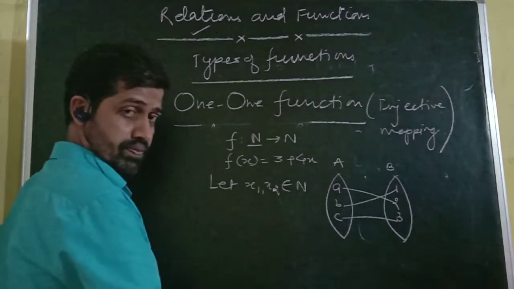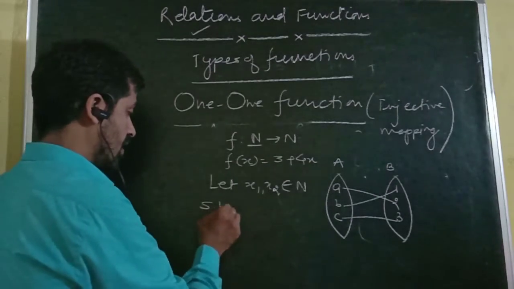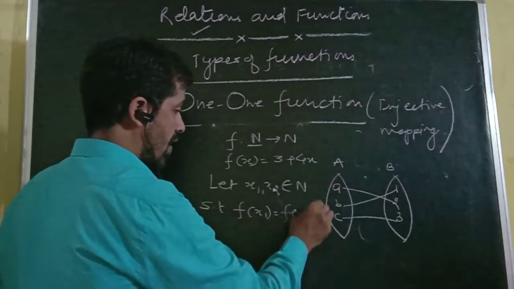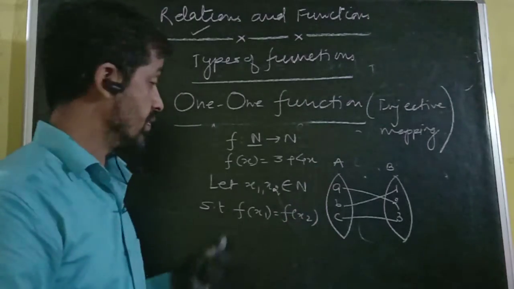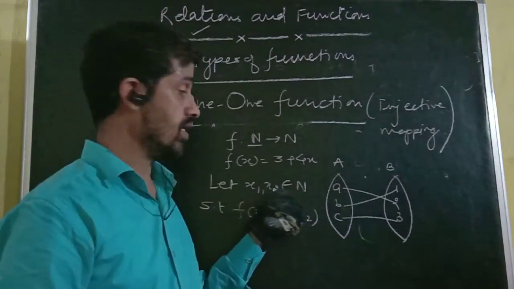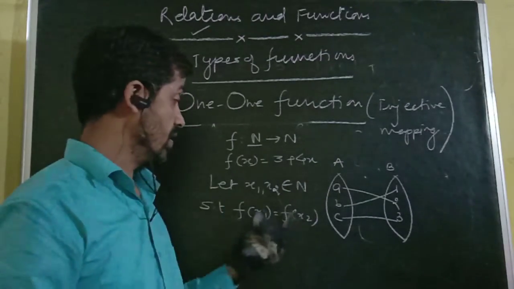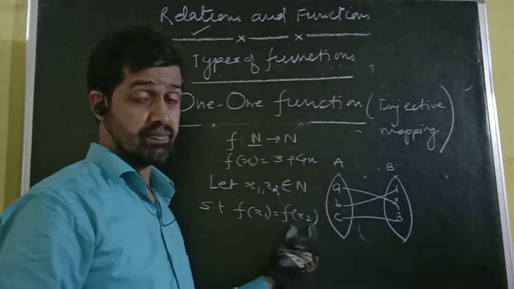Remember, domain, such that they have the same images. Repeating again, please pay attention: x1 and x2 are natural numbers belonging to the domain subject to the condition that both have the same images.